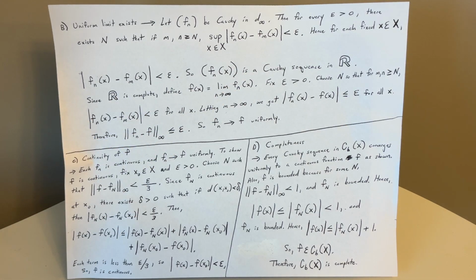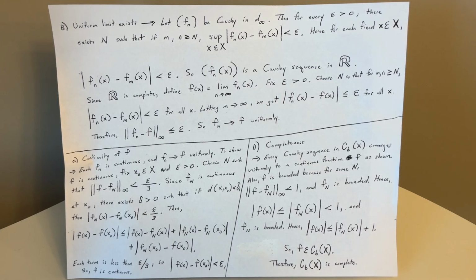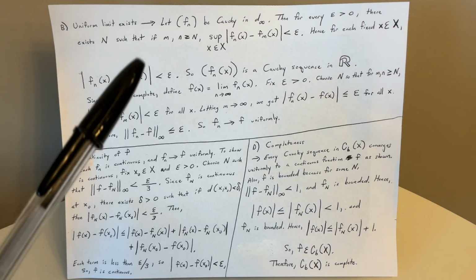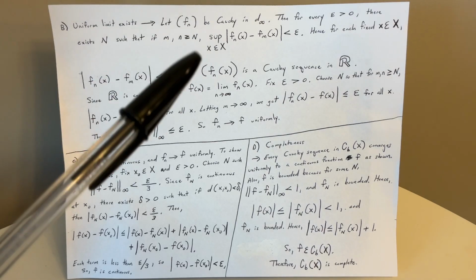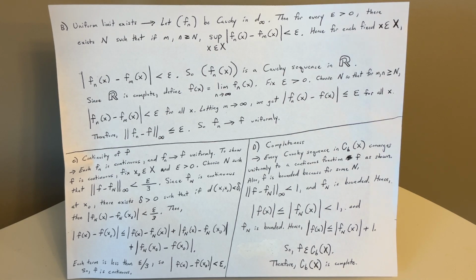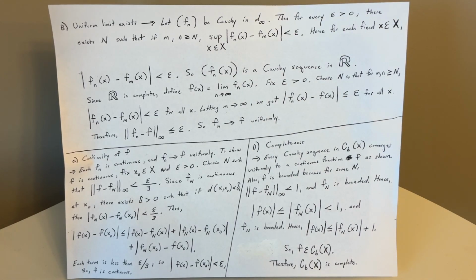Hence, for each fixed x in X, the absolute value of the difference between f_n(x) and f_m(x) is less than epsilon. So f_n(x) is a Cauchy sequence in R.